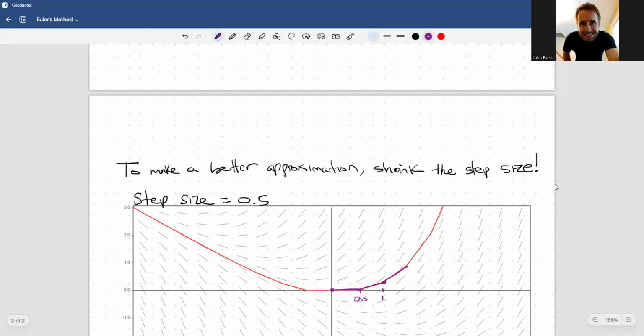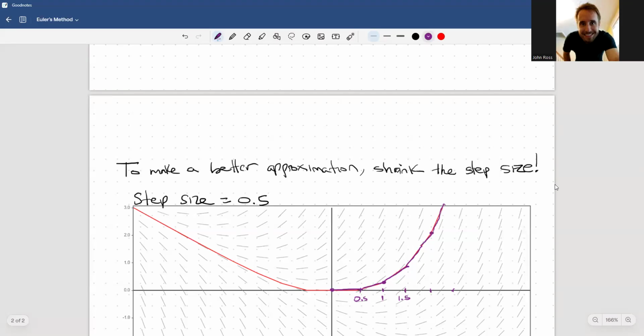This is a step size of 0.5. So now we're up to 1.5. We readjust, go again, and go again, and so on and so on. So you can see how we are constantly readjusting every 0.5 units forward that we go.